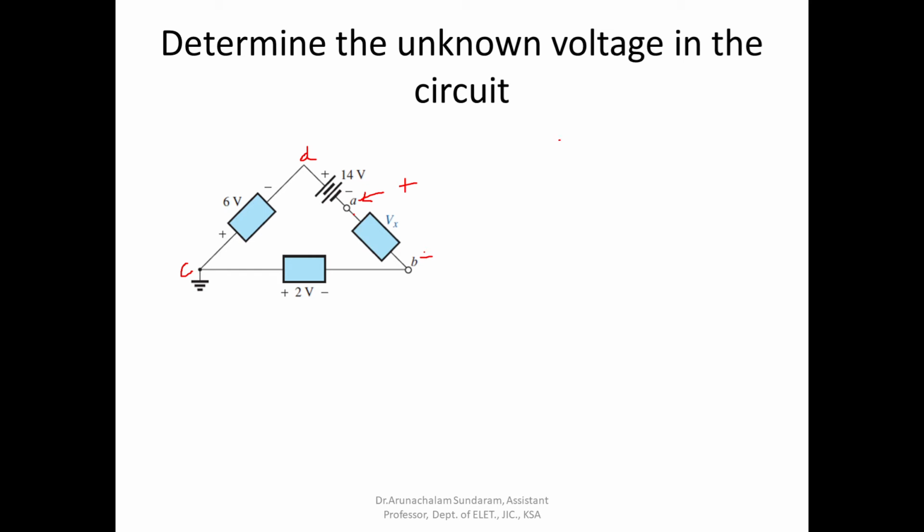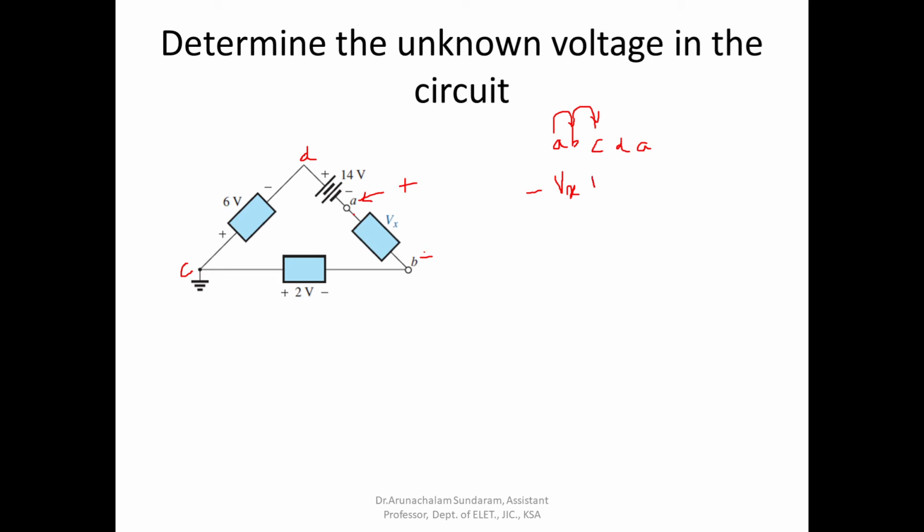Again I'm going to start from A, B, C, D, A, moving in this direction. Start moving from A to B. If I move from A to B, plus to minus, so it is a drop, minus Vx. Now you move from B to C. You are moving from negative to positive, so it is a voltage rise.